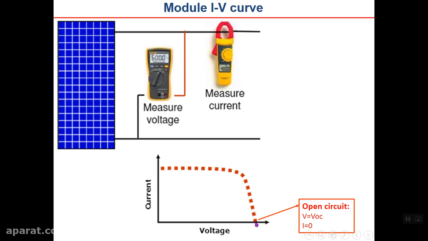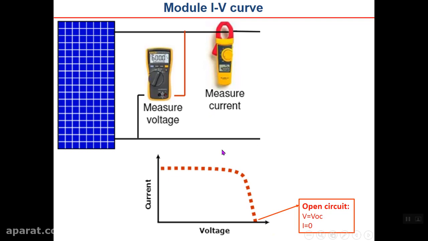In order to find the points on the curve, for example, to find this point, the intersection of the curve with the horizontal axis, which is named open circuit. Generally the circuit is open like this, and the voltmeter here can measure a voltage which is the maximum voltage, named open circuit voltage, while the current is 0, as you can see, because no current is flowing in the circuit.